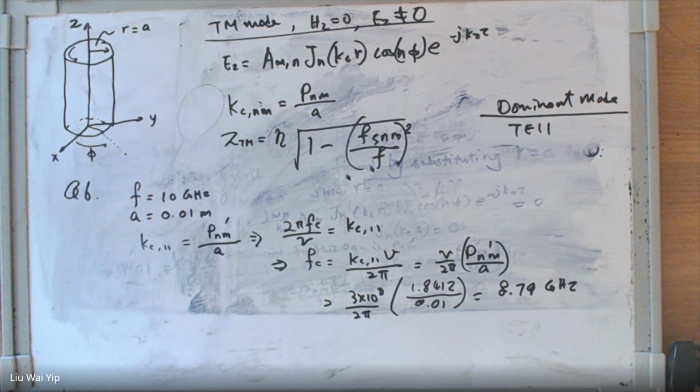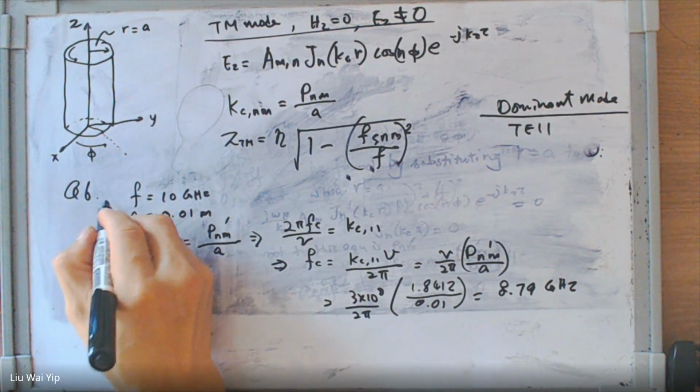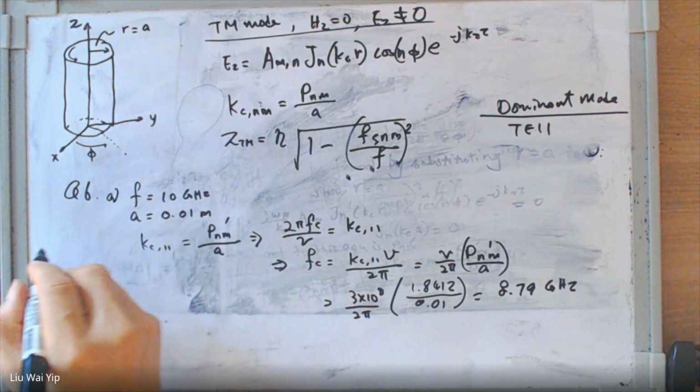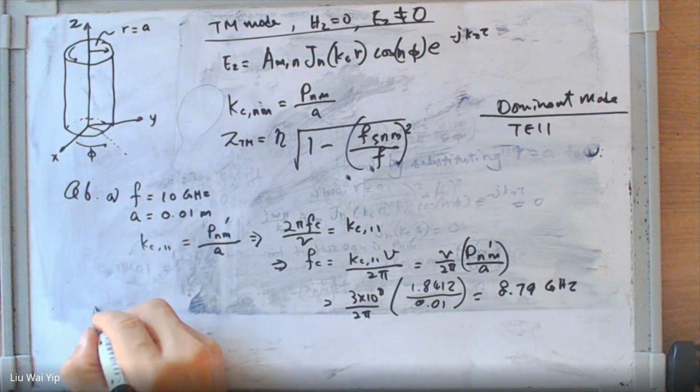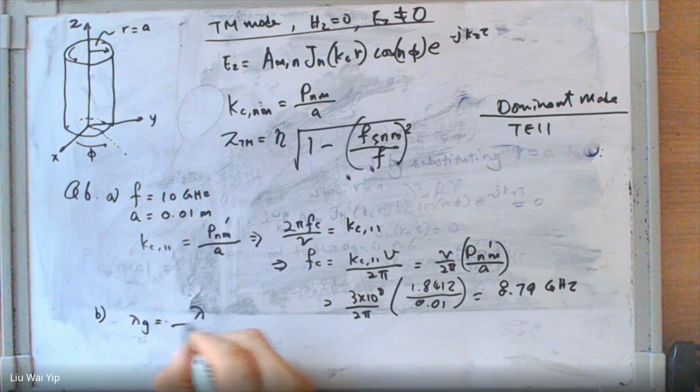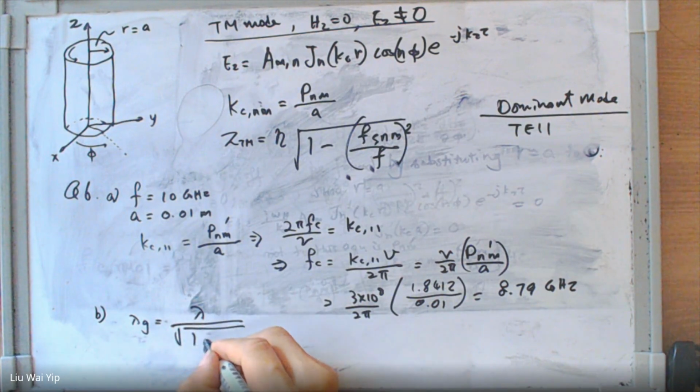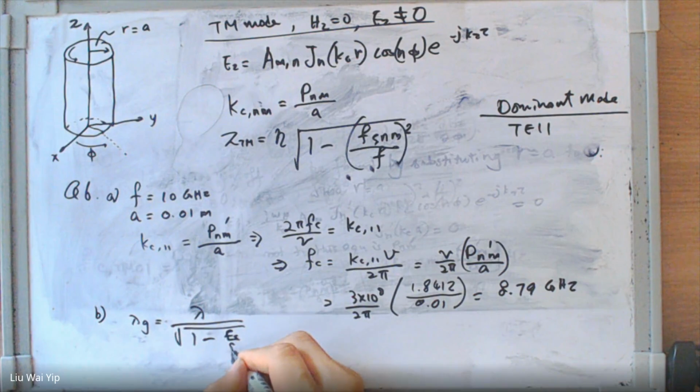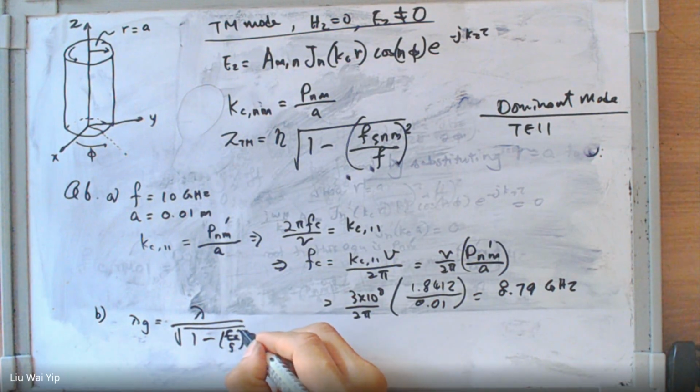Okay. Now the second part of the question. So this is part A, and then part B, right? The guide wavelength is exactly the same as the formula you use for rectangular waveguide.